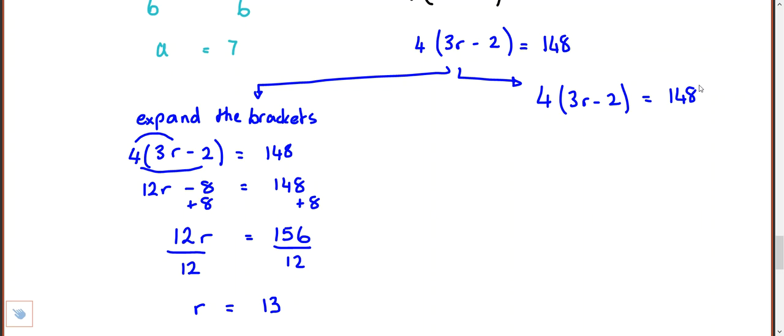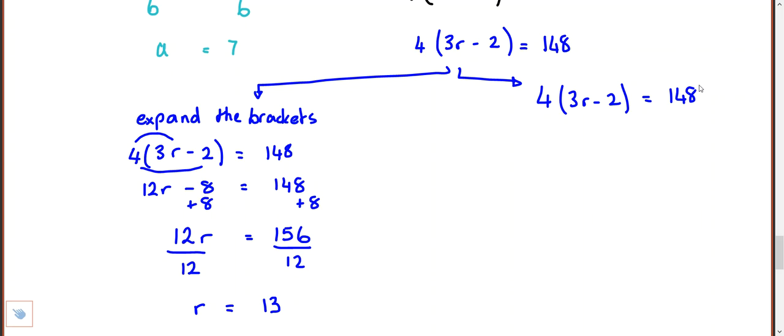What was the last thing that was done? Multiply by 4.